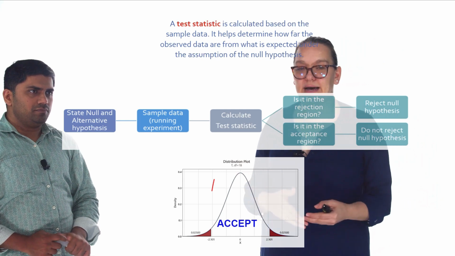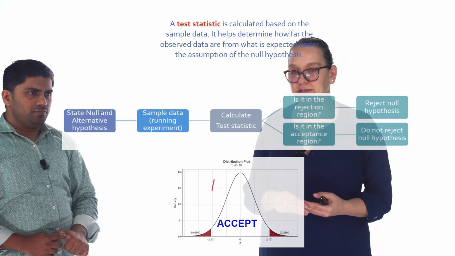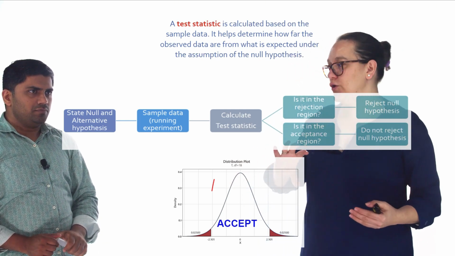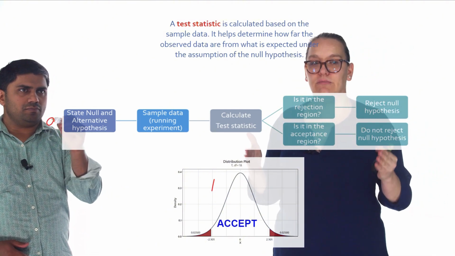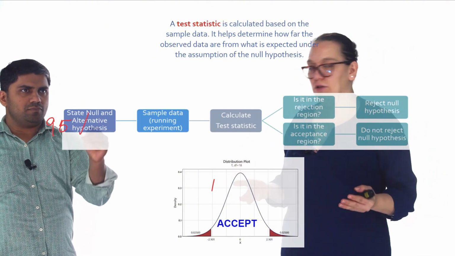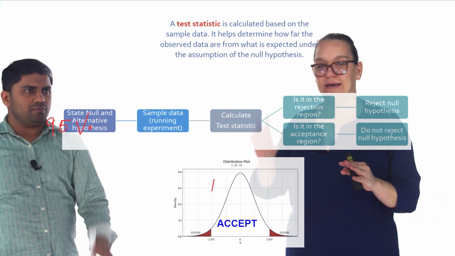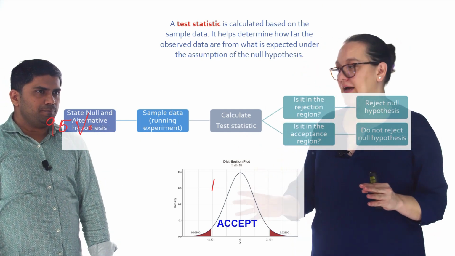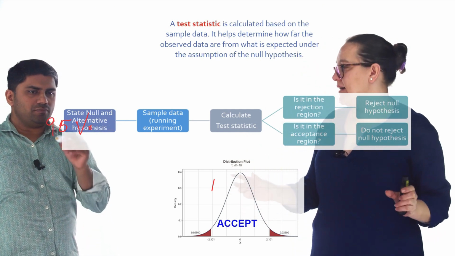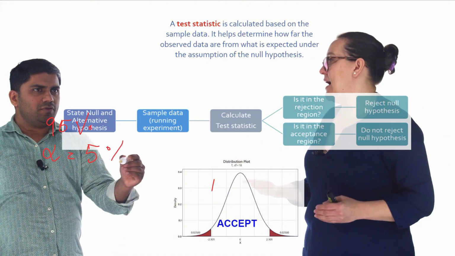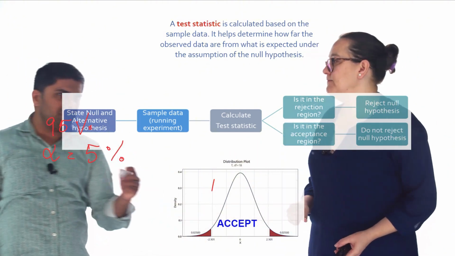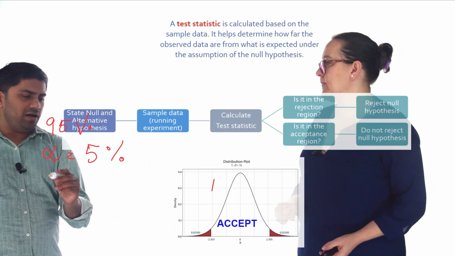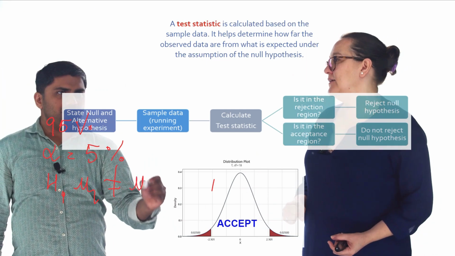In this case, it's a t distribution, and here we are using a 95% confidence level. So the area in this white section is 95%, and the 2 tails are the 5%. You are taking 2.5% on both sides, because your alternative hypothesis is mu1 not equal to mu2.